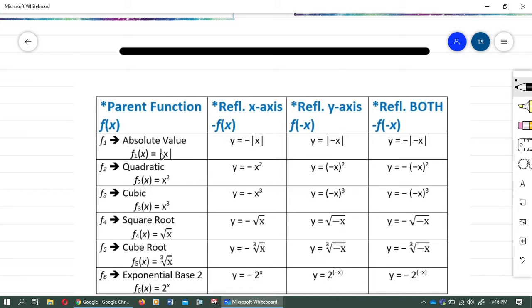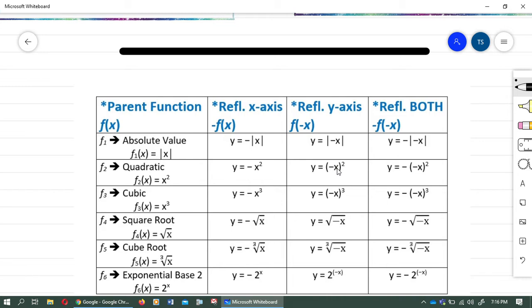Again, we can see what the parent function is, and we can see what the result is when we multiply by a negative number inside of the function. So again, guys, notice that for the absolute value, when it's negative inside the function, the negative is actually inside the absolute value signs with the x.